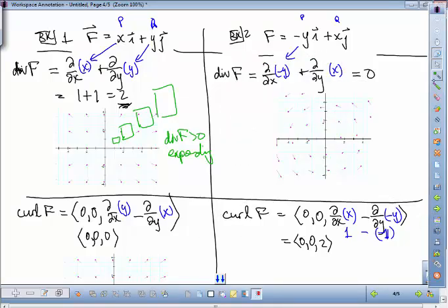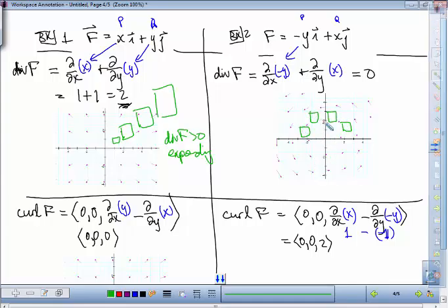So if we follow along in this vector field a particular path that's running along the vector field, this is not expanding or compressing.